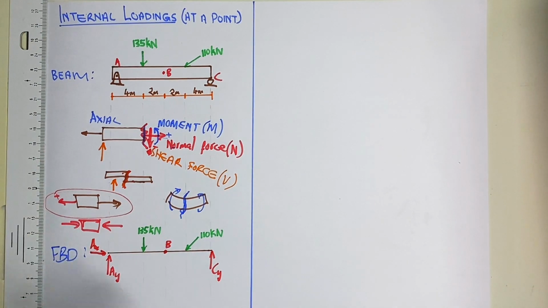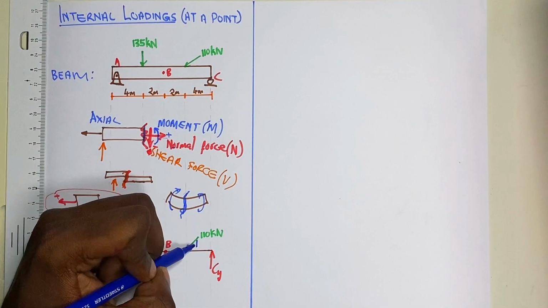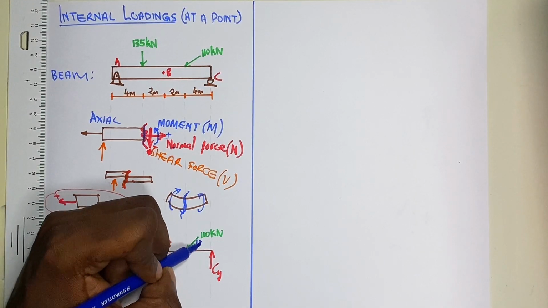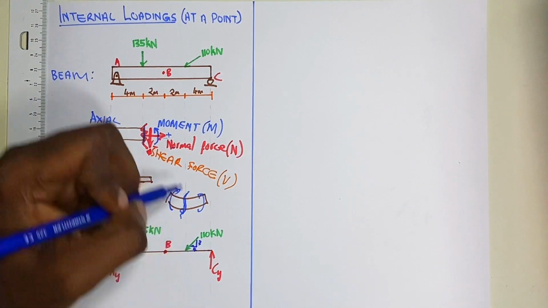The direction does not matter. You can put it as pulling. The calculation will tell you which direction it is acting in. Now that I have my support reactions, I have to compute and calculate how much they are. Now, let's suppose here I had a 3 and a 4.